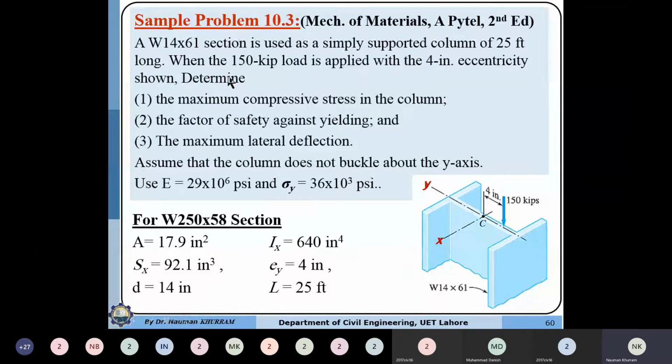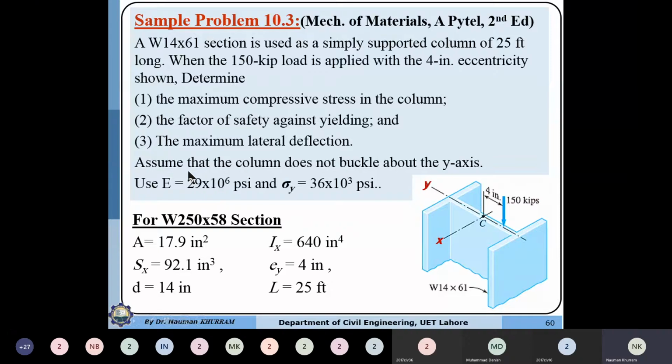When a 150 kip load is applied with an eccentricity of 4 inch, as shown in this diagram, determine number one, the maximum compressive stress in the column, the factor of safety against yielding, and the maximum lateral deflection.